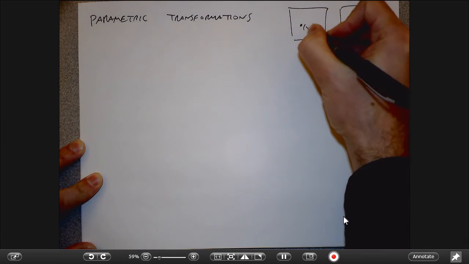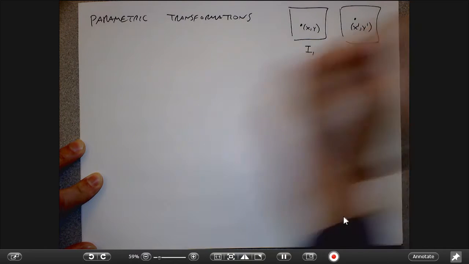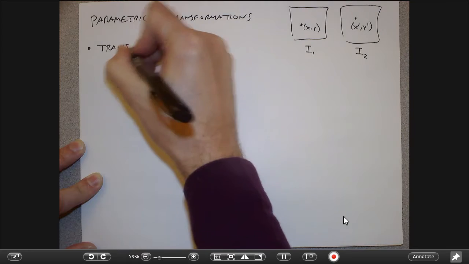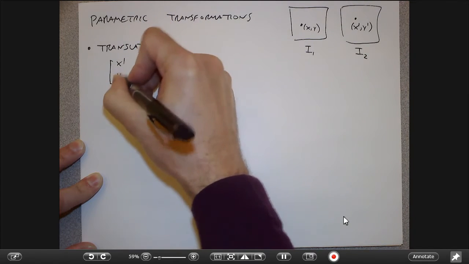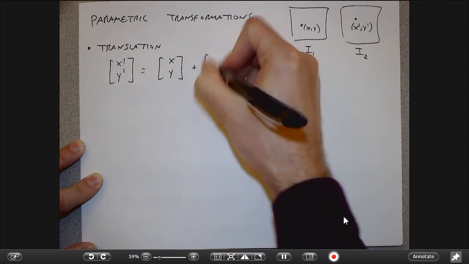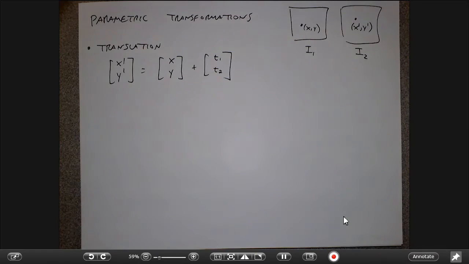If I have xy over here, and a corresponding point x prime, y prime over here, you're probably familiar with some of these. For example, translation is when I take the pixel in one image and move all those pixels by exactly the same translation vector.